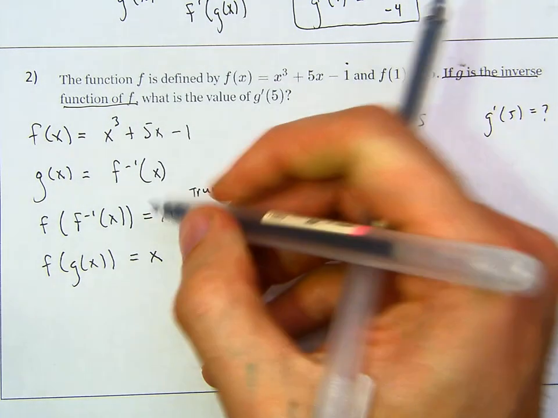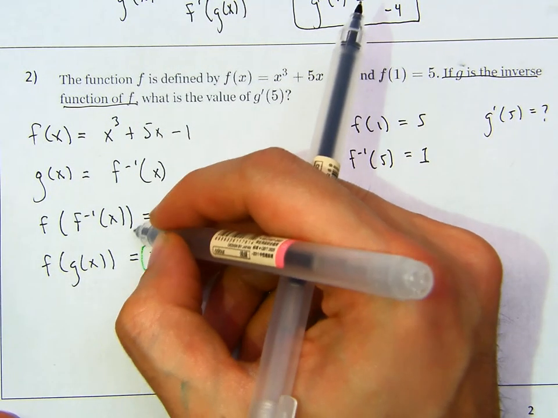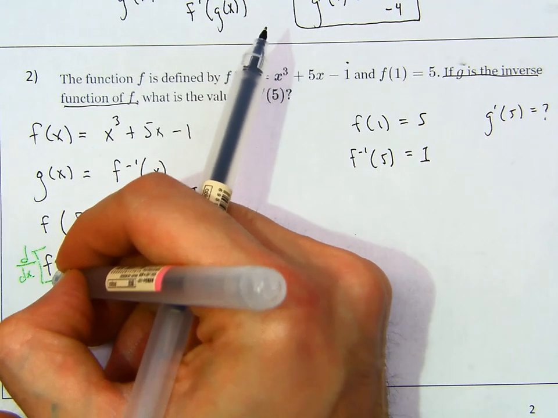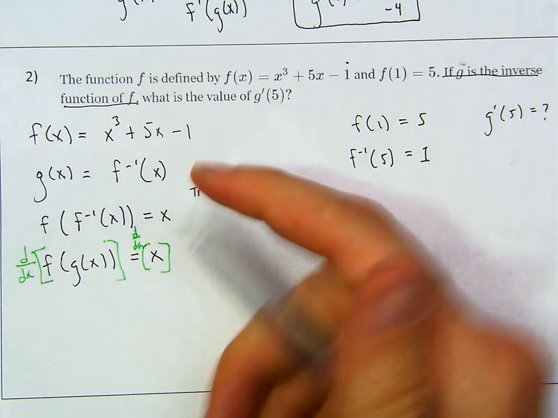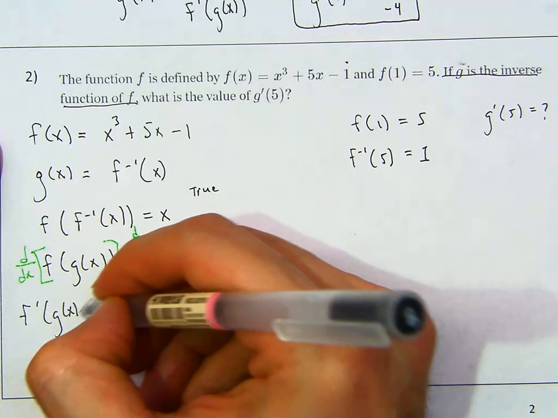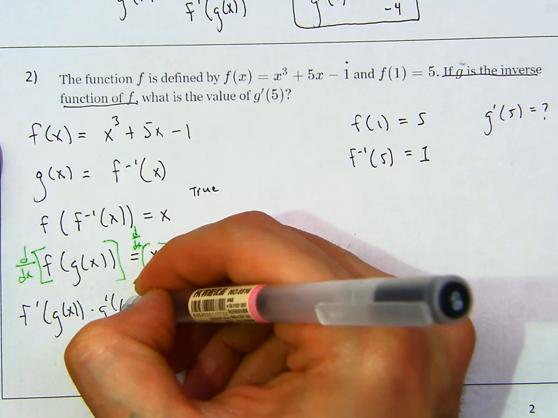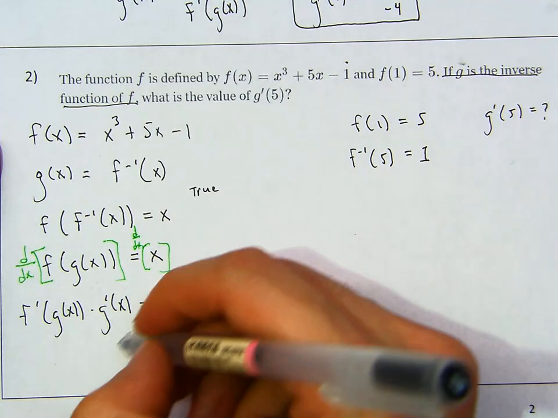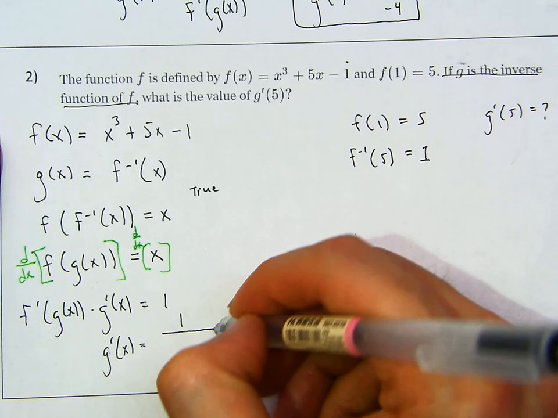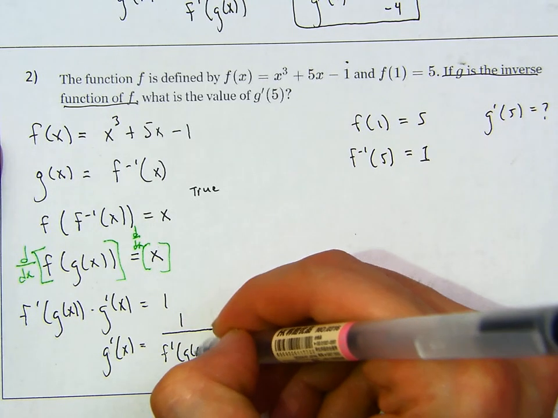So let's take d dx on both sides, and it's the same thing we've done before. You say f prime of g of x times g prime of x equals 1. So you know g prime of x is equal to 1 over f prime of g of x.